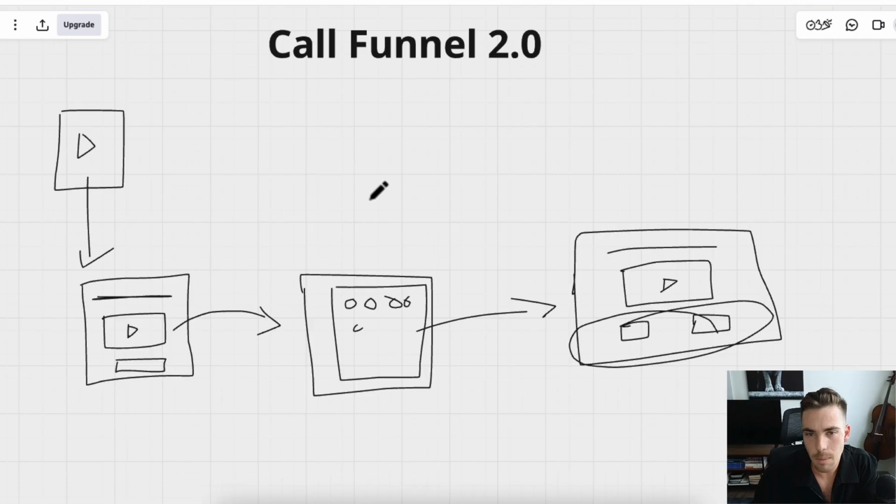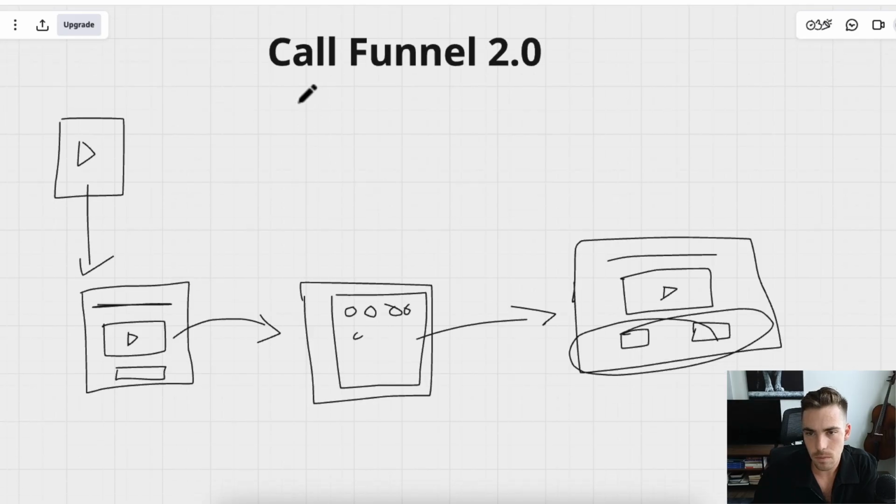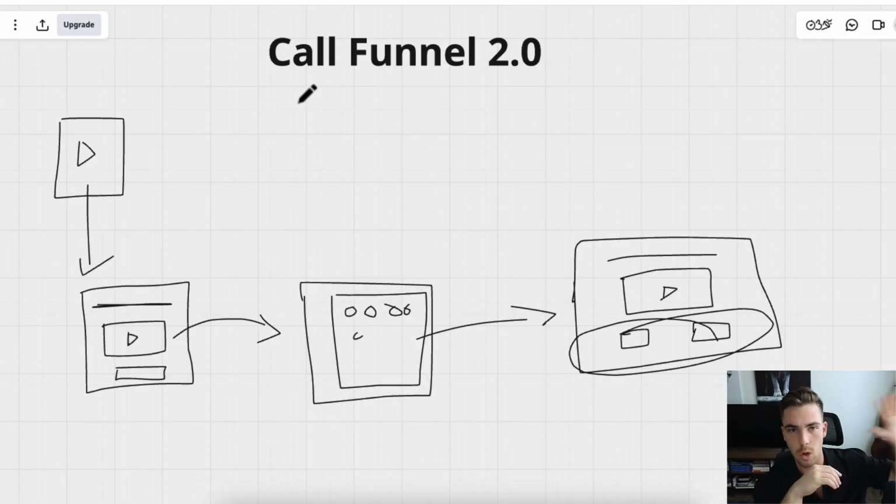Now, the problem with this, and the problem that a lot of people are seeing right now with this model, is that everyone's having issues with show rate right now, especially from the cold traffic level.